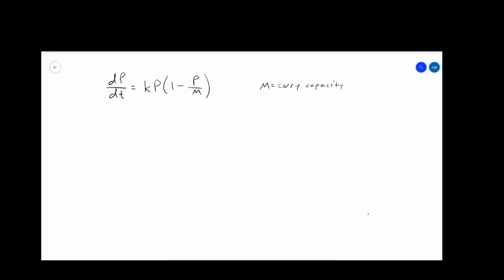Well, notice what happens if P, the population, is greater than the carrying capacity. Does it result in negative growth, like I was trying to say? If you look at it, I think you'll see that it does. If P is greater than M, then what do we have here?